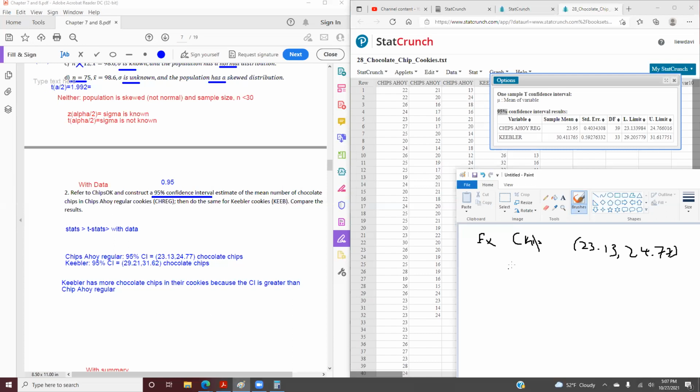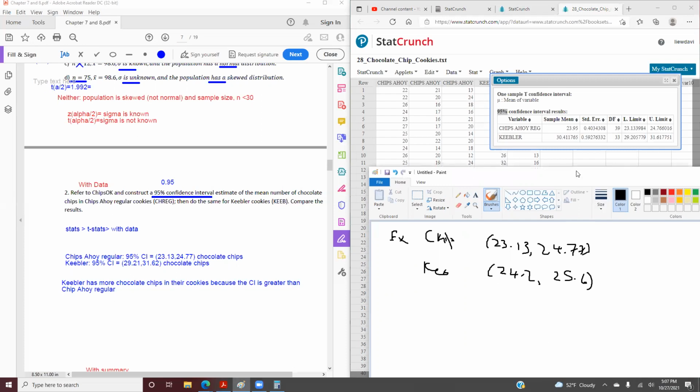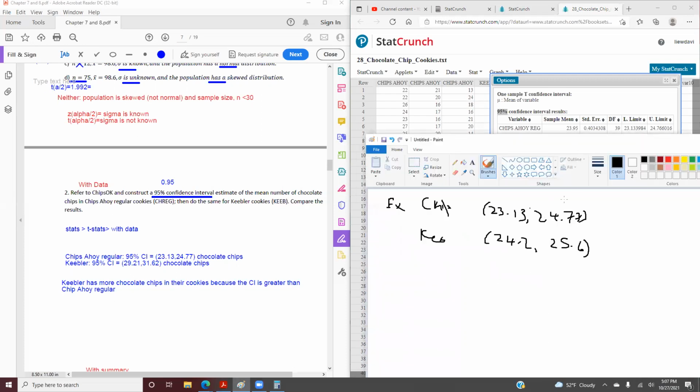And what happens if the Keebler one, let's say, is not this, because I changed it, let's say it's 24.2 and 25.6. Example. This is what you get for your Keebler. So my question is, if you compare this, can you still tell Keebler has more chocolate chips in their cookies compared to Chips Ahoy? Can you say that conclusion like what we did over here?